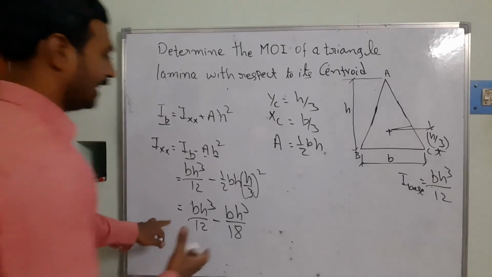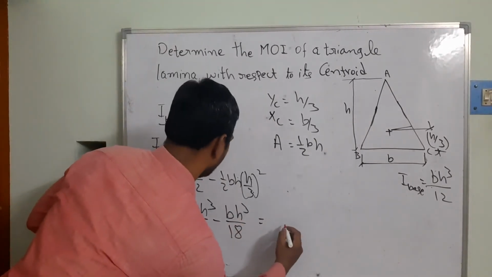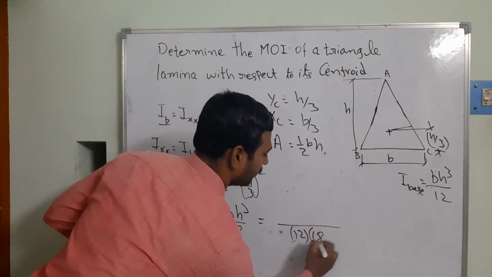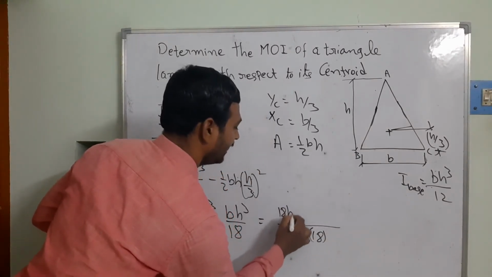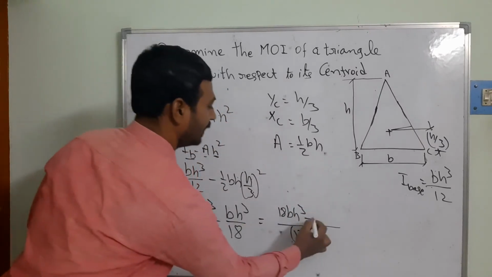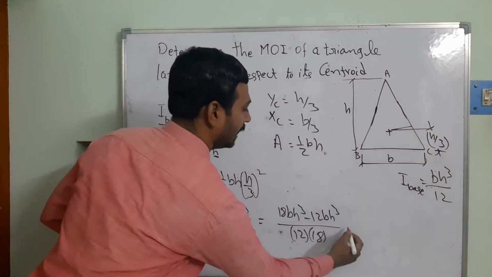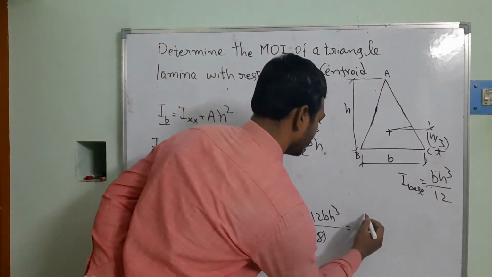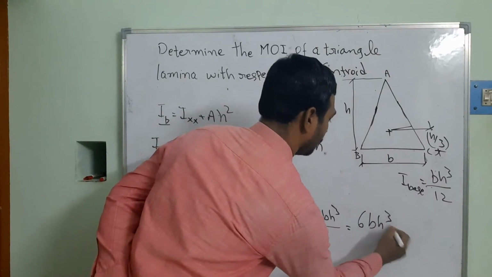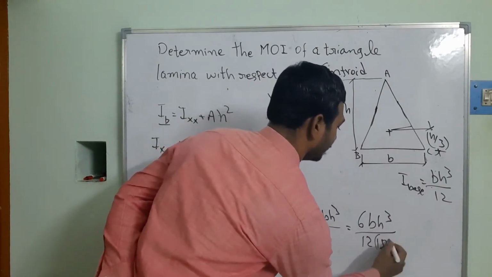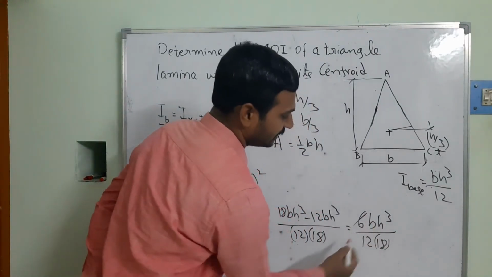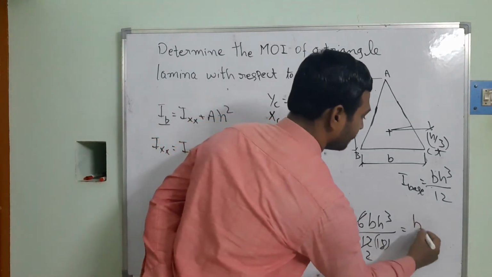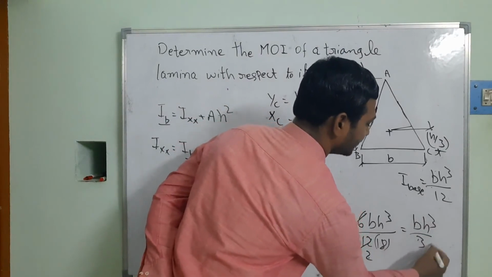The LCM is 12 into 18, so 18 bh cube minus 12 bh cube, and 18 minus 12 is 6. So that's 6 bh cube by 12 into 18. Now I cancel the 6 and 12 gives 2, and 2 into 18 is 36. bh cube by 36, I got it.